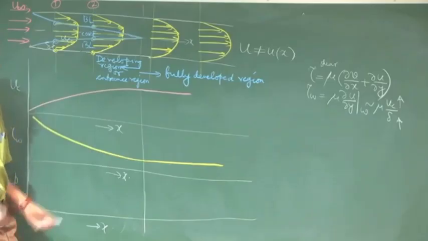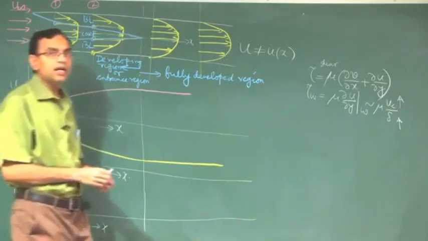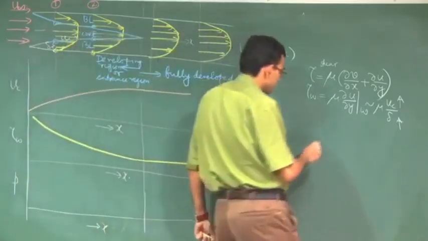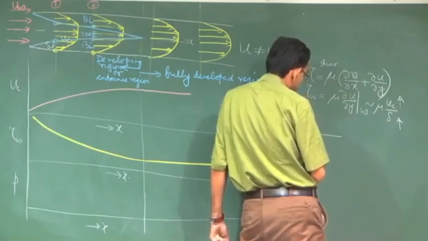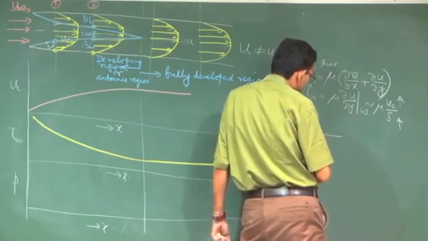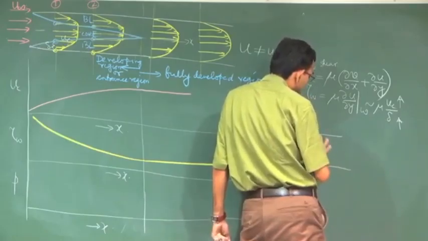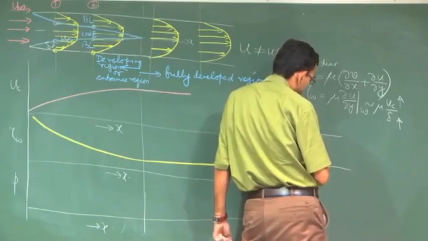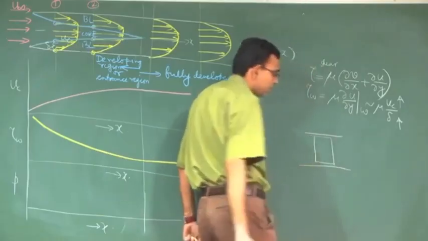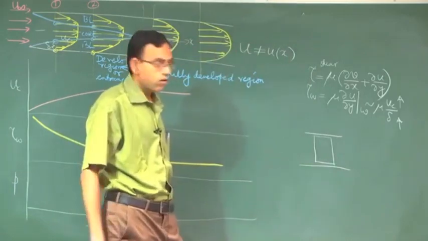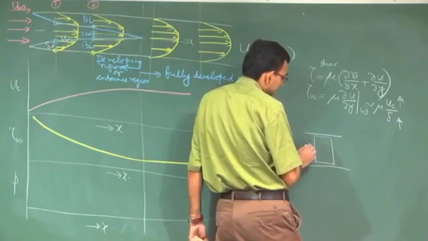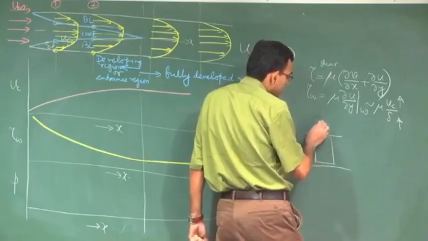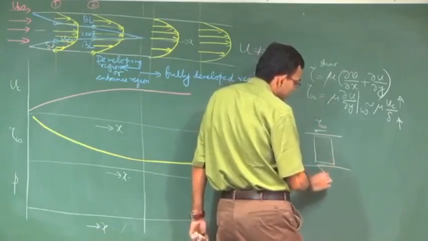What about the pressure? To understand the pressure variation, let us consider a fluid element in the fully developed region. There is a wall shear stress, here is a wall shear stress.